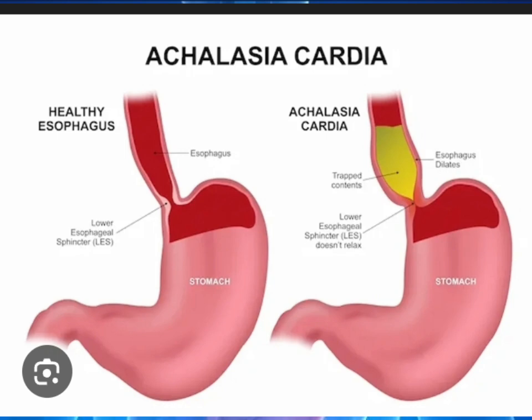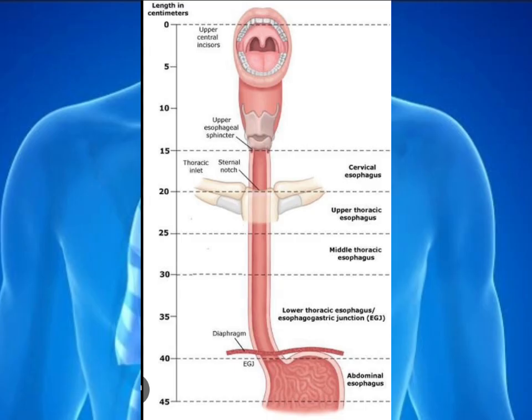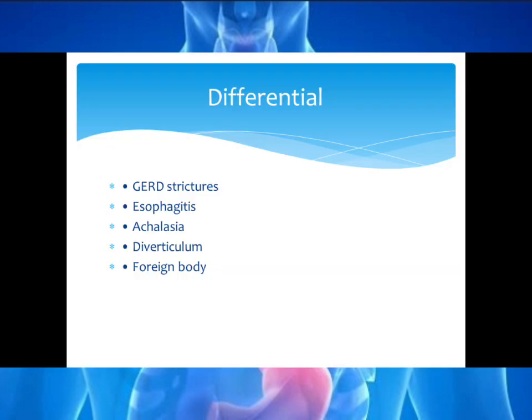Also benign esophageal rings or webs, what we call Schatzki ring, and foreign body impaction. Hypopharyngeal or laryngeal cancer compressing the esophagus, and gastric outlet obstruction with vomiting or regurgitation, are less common mimics.